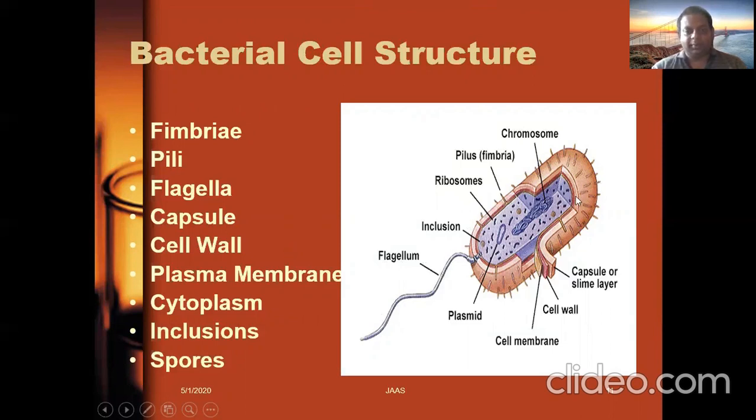Then the plasma membrane. Then the cytoplasm. There are some inclusion granules and spores. Not all possess spores. And the chromosome, so DNA, in a circular arrangement, not sophisticated like eukaryotes. These are prokaryotes.